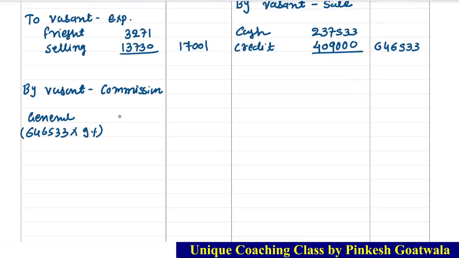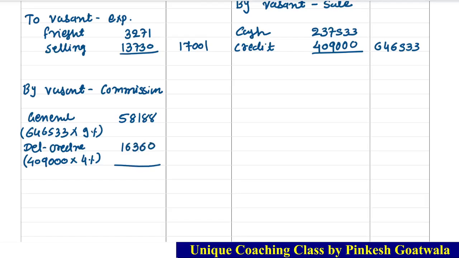So it is 58188. Okay, and the Del Credere is a 4,09,000 છે ના 4%. So it will be 16,360. So final amount 74,548. Now let's give the second effect of both this.